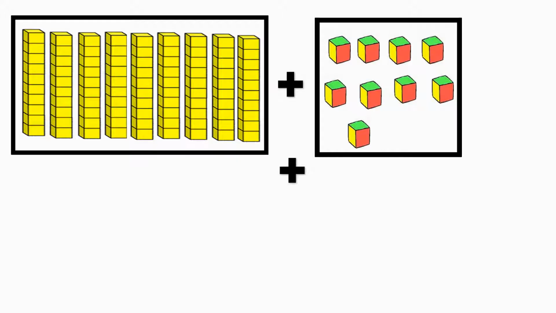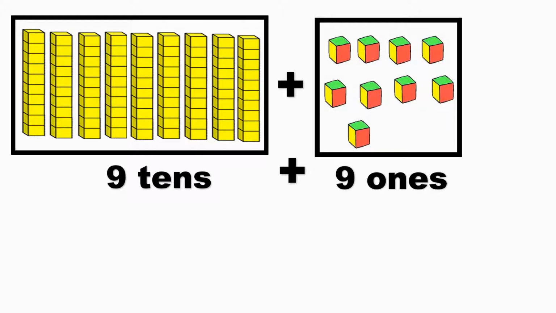Here 9 tens blocks and 9 ones blocks. If we add both the numbers, we get 99.